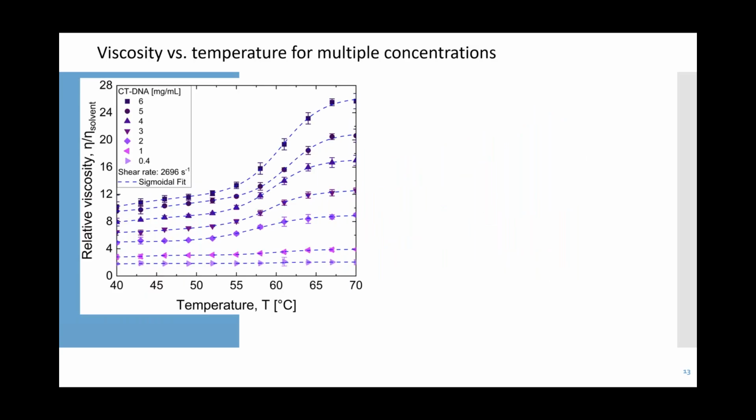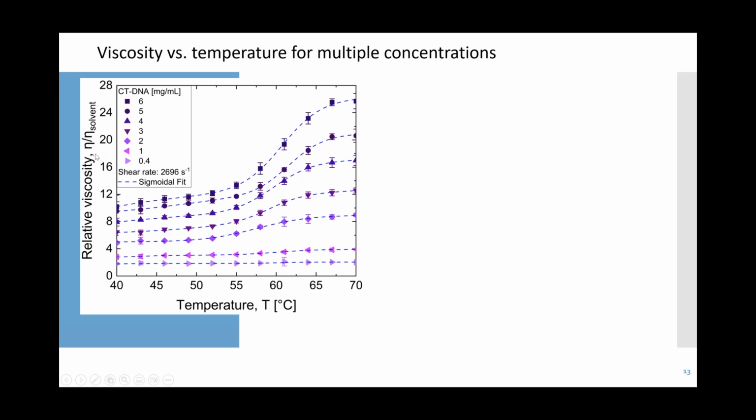So we extended the viscosity measurements to DNA concentrations between 0.4 and 6 mg per mL. Here we only show the results as we ramped up the temperature, so we omitted the temperature ramp-down data so that the graph would not be so cluttered.